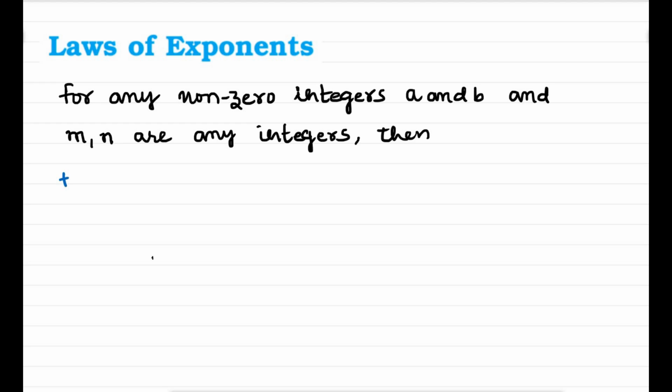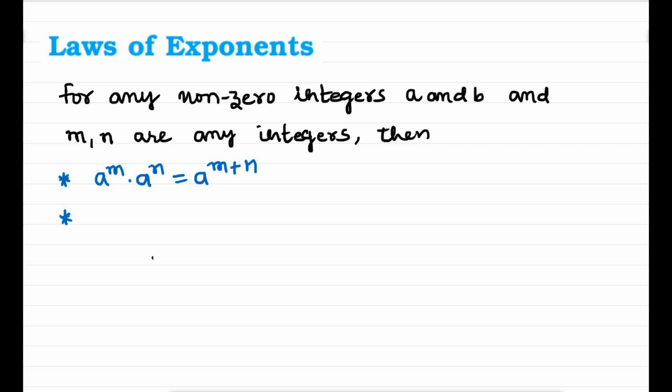So the first one, we can call this the product rule, that is a to the power of m into a to the power of n is equals to a to the power of m plus n.